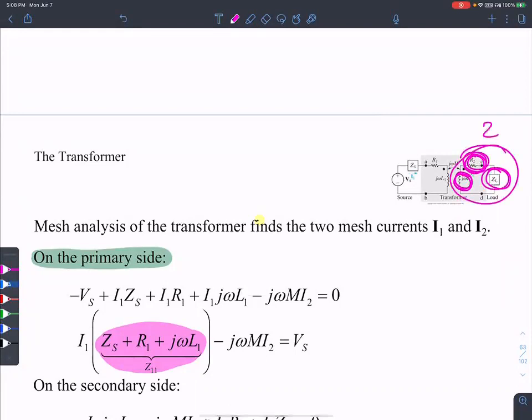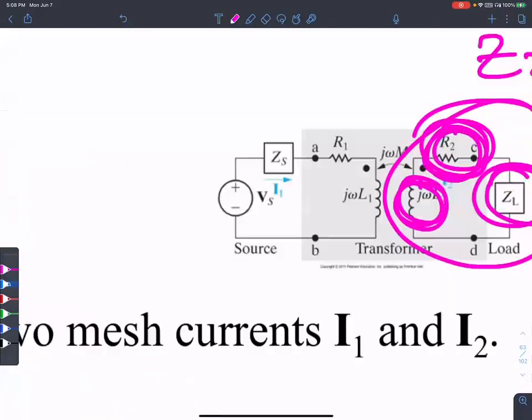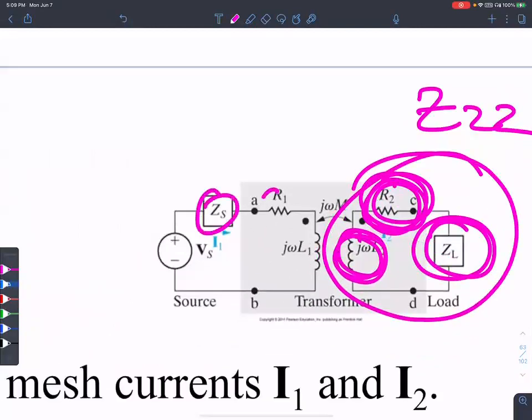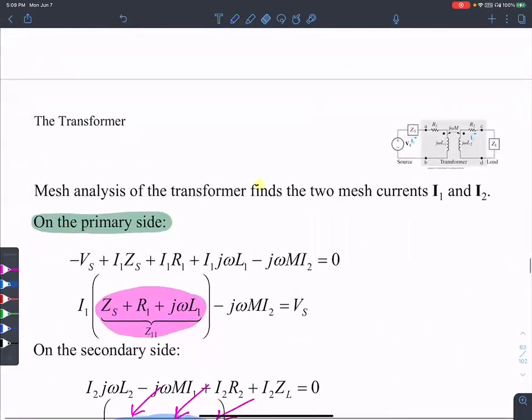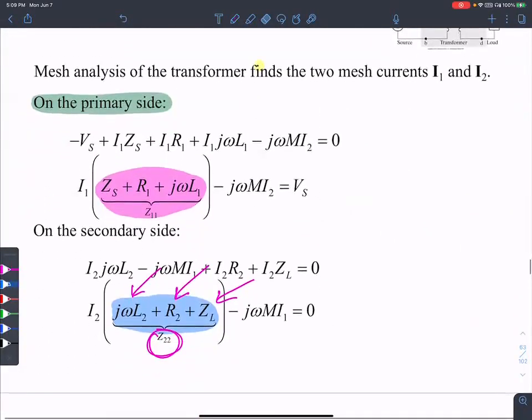Those three contribute to Z22. Similarly, ZS, R1, and the left-hand inductor contribute to Z11. So manipulating algebraically is all there is to it.